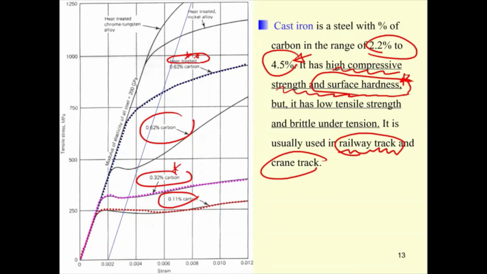Then when you pull it, the micro cracks open and it's going to fail in tension quickly, and it has low tensile strength with brittle failure. Unlike in compression, under compression micro cracks close to each other, and it also has the Poisson effect. So the cast iron can take a lot of compression.